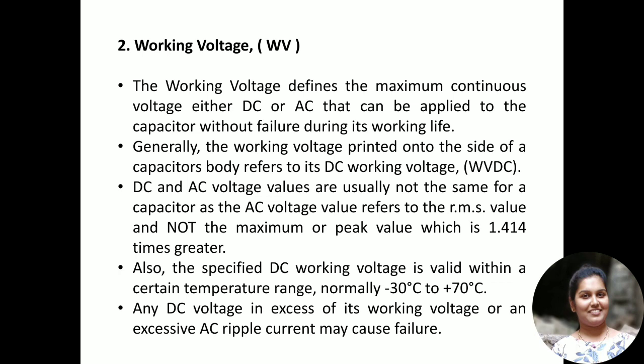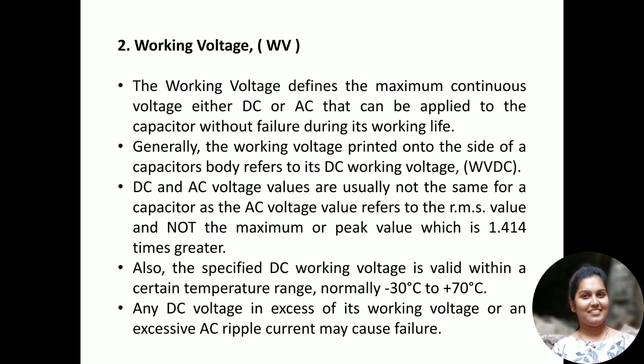Or in simple terms, we can say that the maximum voltage that a capacitor can be applied without any self destruction, or else the voltage that can be applied to a capacitor, is nothing but the working voltage, right? So without any destruction, the maximum voltage that a capacitor can withstand, either AC or DC, we call it working voltage.